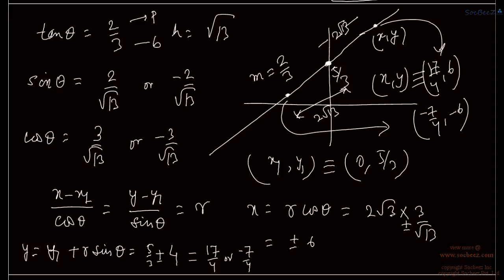Okay, so these 2 points are actually 2 root 13 distance from the y-intercept, which is 0, 5 by 3. Okay, so in this way we can apply our concepts of a straight line.